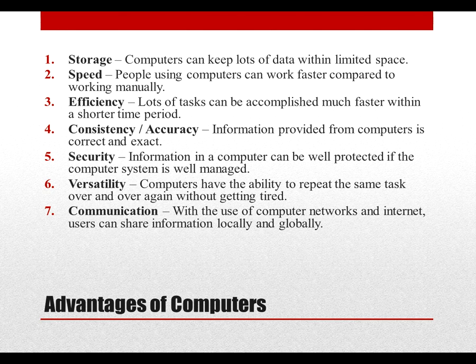Number two, we have speed. People using computers usually work faster compared to working manually. If you look at everything nowadays, it's computerized. For example, if you go to a bank, you want to do a withdrawal on an ATM, that ATM is a type of computer. If you go to a bank, let's say you are borrowing a loan, you are seeking a credit facility, they'll just check your records using a computer.